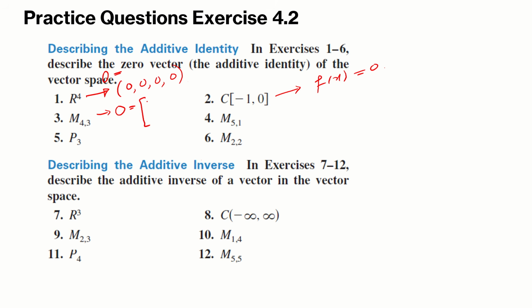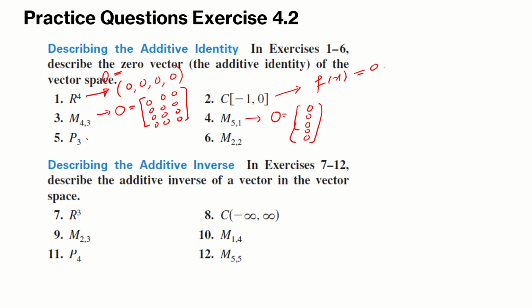Null matrix of 4 cross 3, 0, 0, 0, 0, 0, 0, 0, 0, 0, 0, 0, and 0. In this case, 0 would mean again a null matrix of 5 cross 1. So 0, 0, 0, 0, and 0.